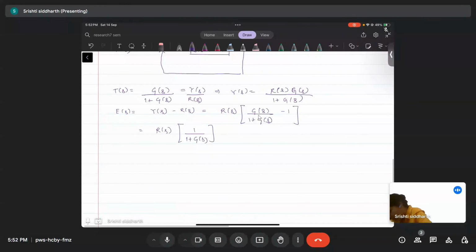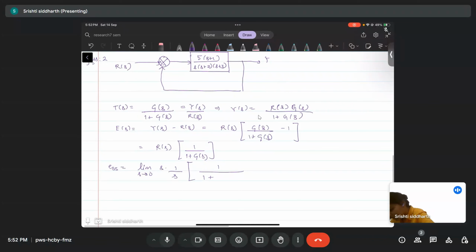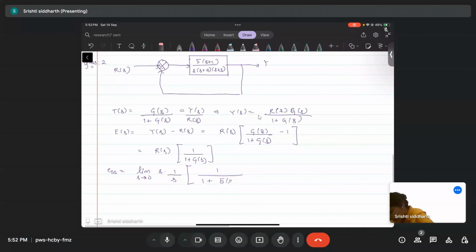Alright, so the steady state error is limit s tending to 0 of s times R(s). We are considering unit input, times 1 upon 1 plus G(s). Substitute the function G(s), let's say 5(s plus 1) over (s plus 2)(s plus 3).